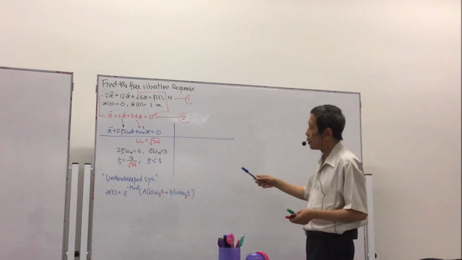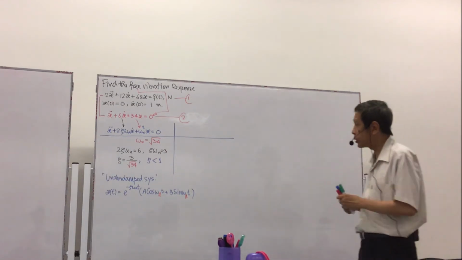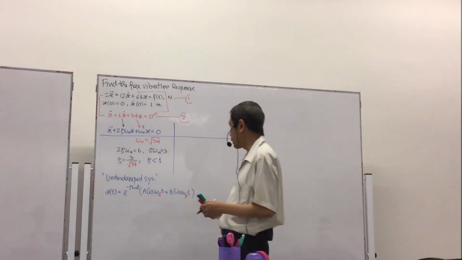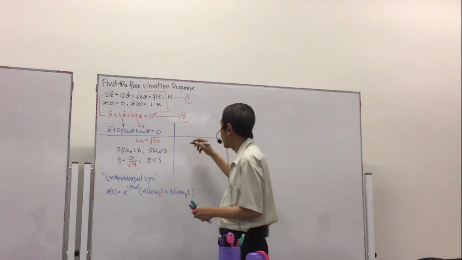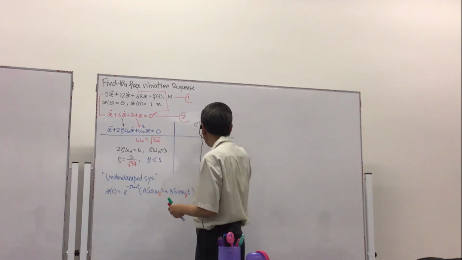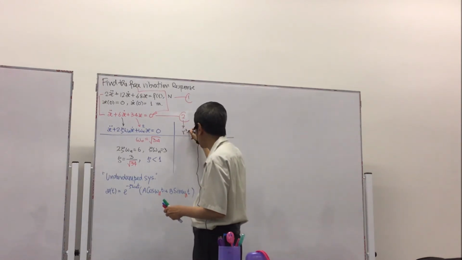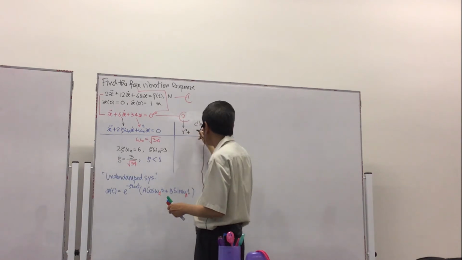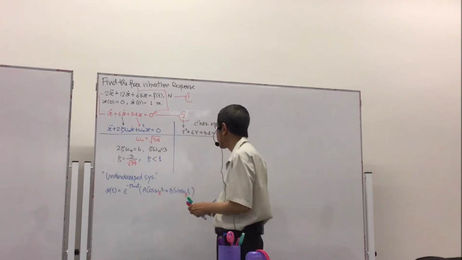As I told you, there is another way. Instead of determining the damping ratio to see that it is underdamped, we can use the characteristic equation, which transforms the equation to r squared plus 6r plus 34 equal to 0.